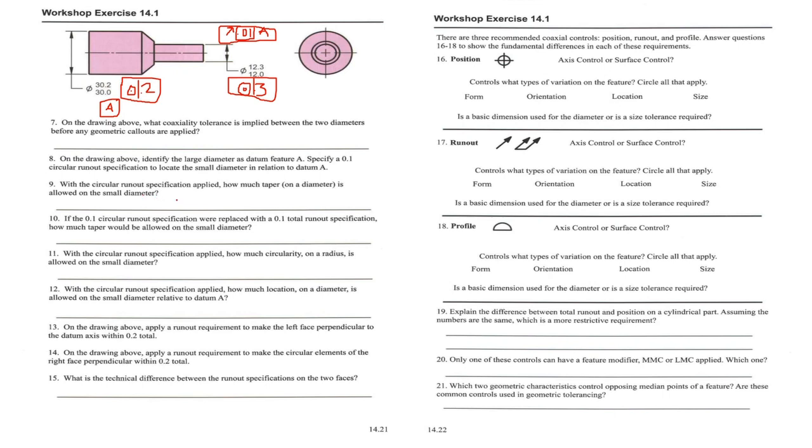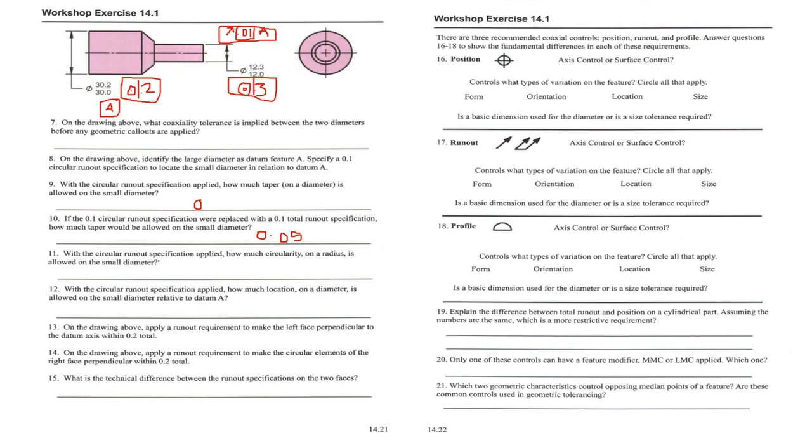Then the next is, with a circular runout, how much taper on a diameter is allowed on the small diameter? Circular runout doesn't control this taper, so we can say it's 0 here. If the circular runout specification were replaced with a 0.1 total runout specification, the taper will be half of this, which is 0.05.